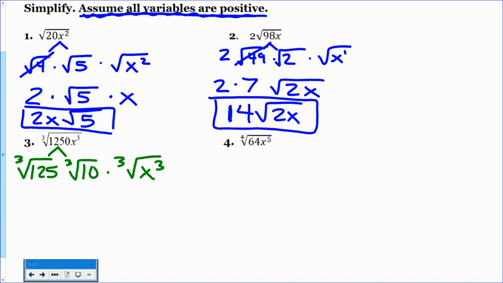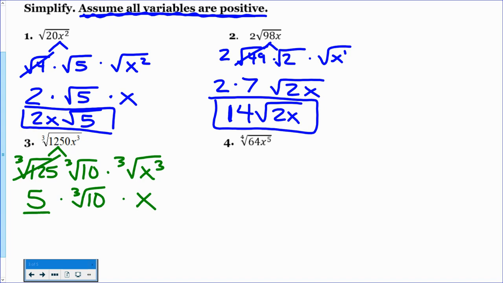The cube root of 125 is 5 because 5 to the third gives you 125. I cannot take the cube root of 10. The 8 would be the smallest perfect cube, and 8 doesn't divide 10, so that's going to stay in your radical. And then the cube root of x to the third would give me just x.